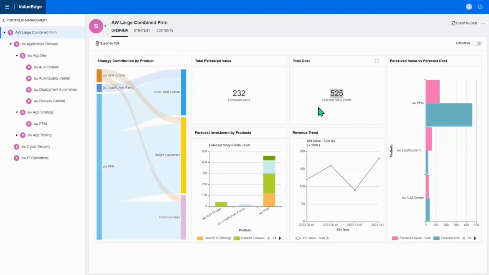And as we see those story points on the screen, notice also this perceived value number that's called out here, 232 in this mixed consolidated view. That perceived value is interesting because in our environment, we have the idea of forecasting your story points. And so we can use a field that we've actually in the planning phases.